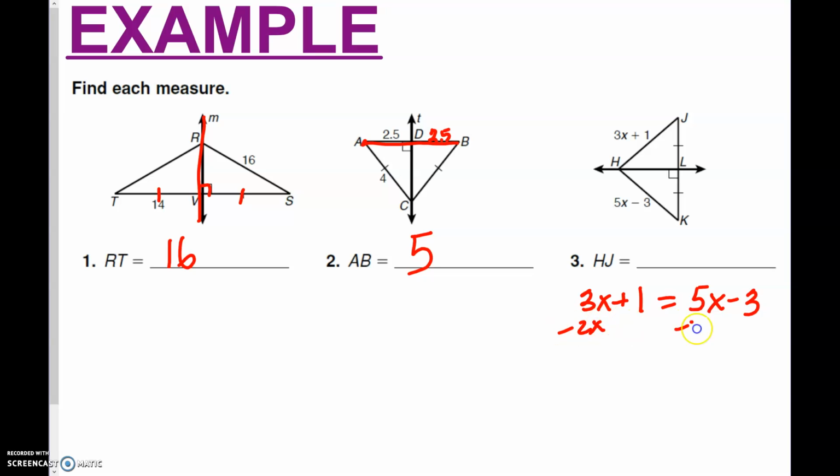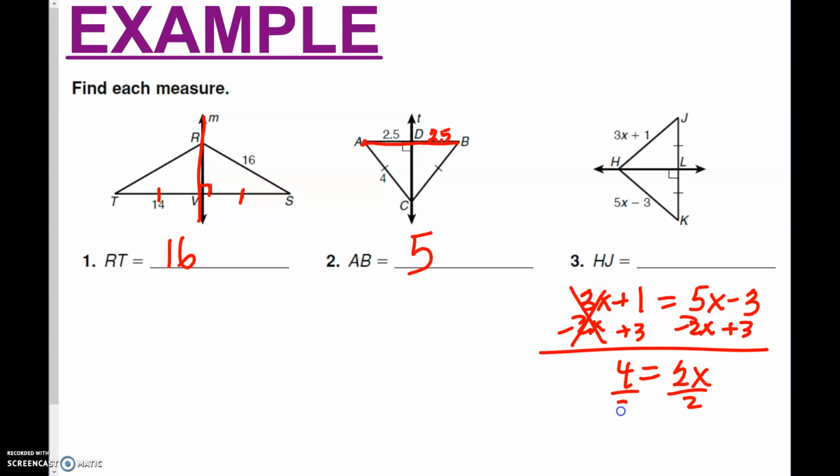I'm going to subtract 3x from both sides, and I'm going to add 3 to both sides. 3x minus 3x cancels. 1 plus 3 is 4. 5x minus 3x is 2x, and that cancels. So now let's divide by 2, and it looks like x is 2. So they want to know how long HJ is. So we're going to go 3 times 2 plus 1. So it looks like we're going to get 7. Okay?